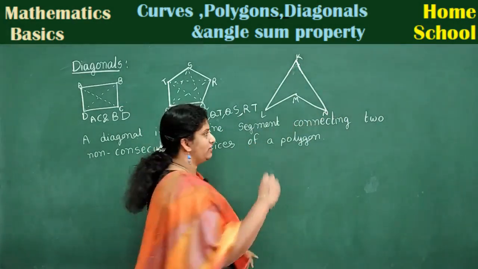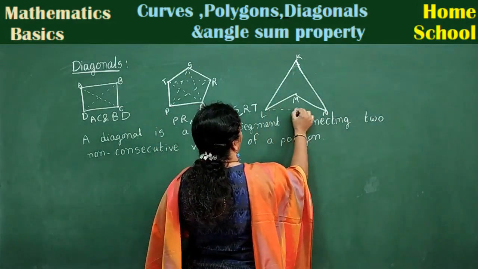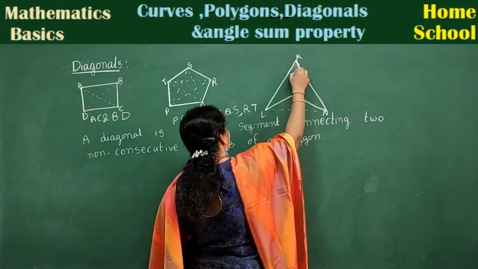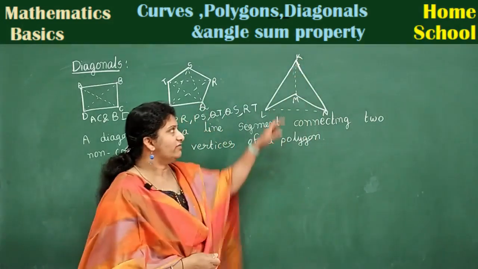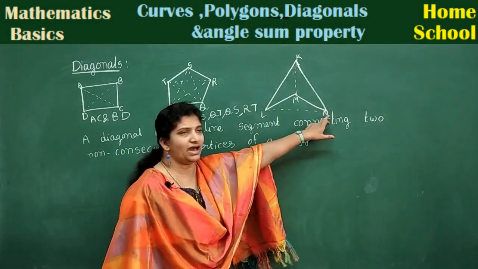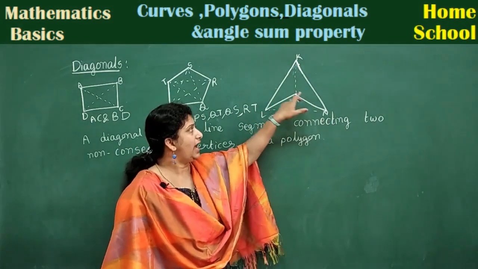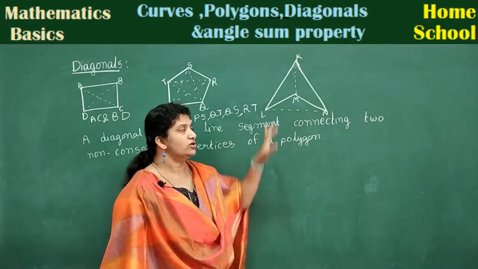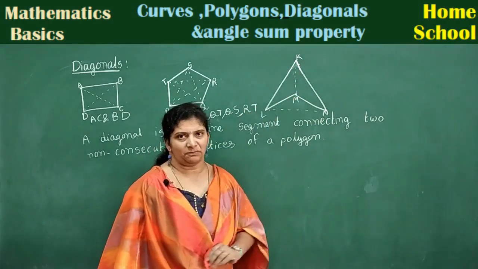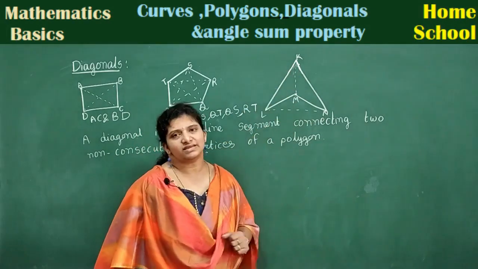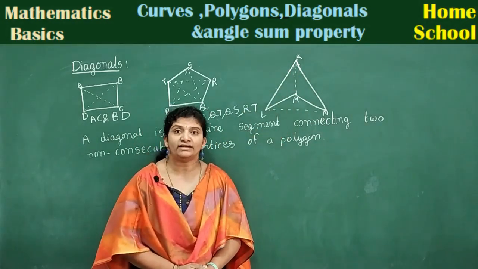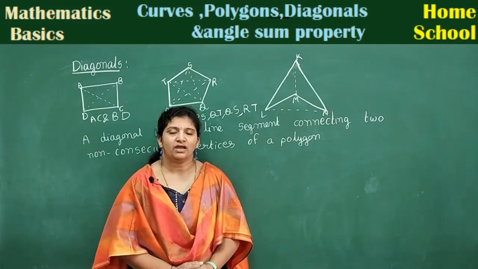Non-consecutive means N. So look here, as you have already in your textbook, LM is joined and MK is joined. Why? For M, L and N are consecutive, and MK is not consecutive, so we have joined MK. MK is a diagonal. Is LN a diagonal? No, it is not a diagonal.